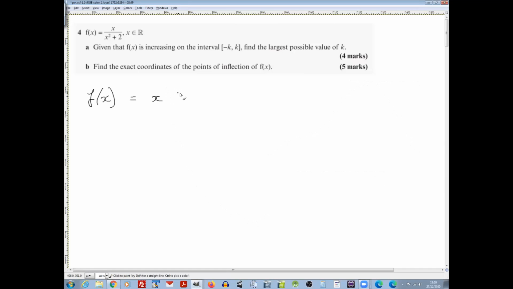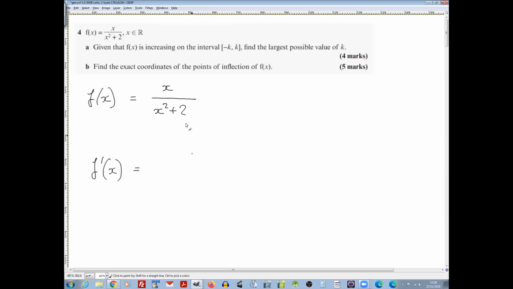Right, so if f of x is x over x squared plus 2, f dashed of x, and you know that's a notation for the derivative.